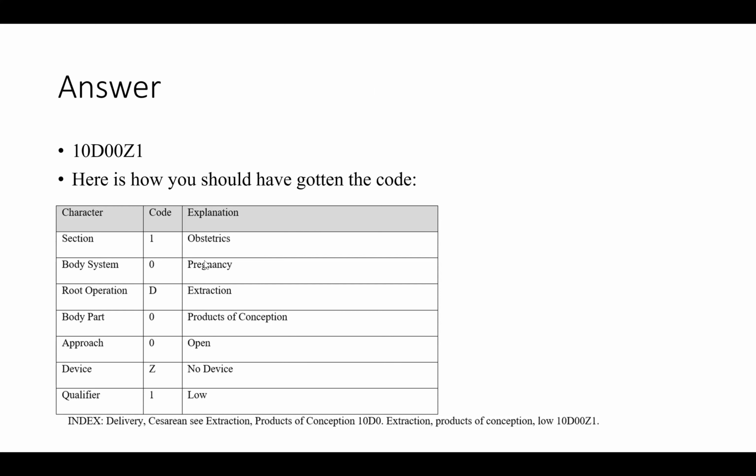Body system, pregnancy. Root operation, extraction. Body part, products of conception, it's 0. Approach is open, there's no device, and the qualifier is low. Therefore, we have 1, 0, D, 0, 0, Z, 1.